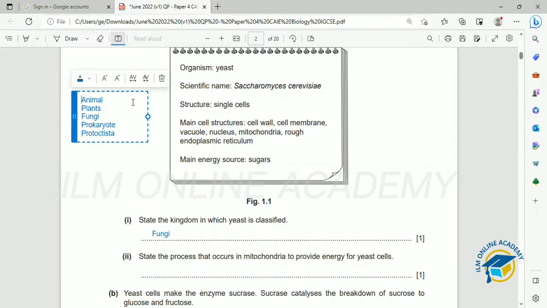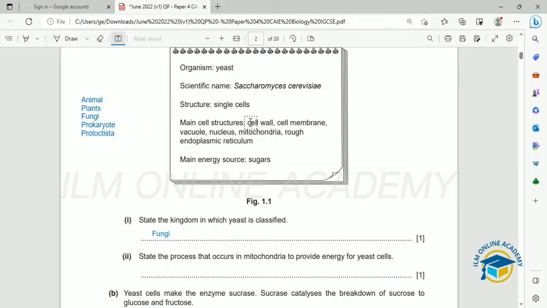If we talk about kingdom animalia, the organisms would not have a cell wall in their structure. Right here you have seen that yeast has a cell wall, but normally in kingdom animal it won't have a cell wall.